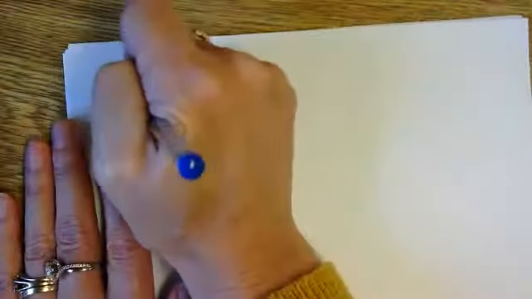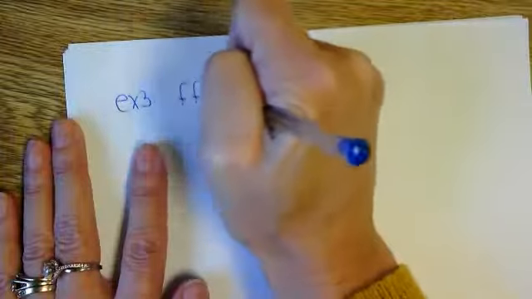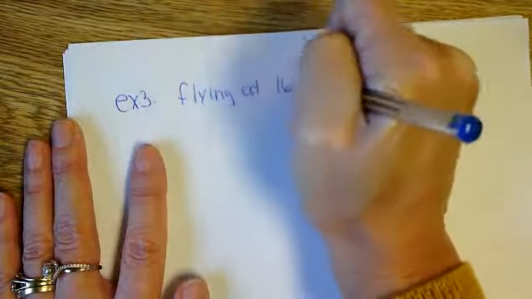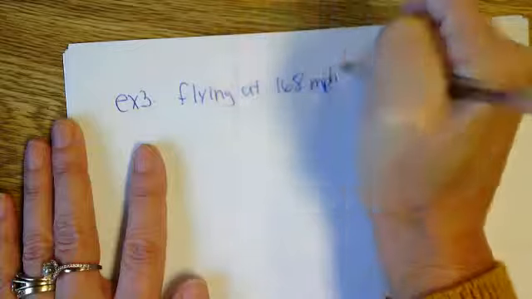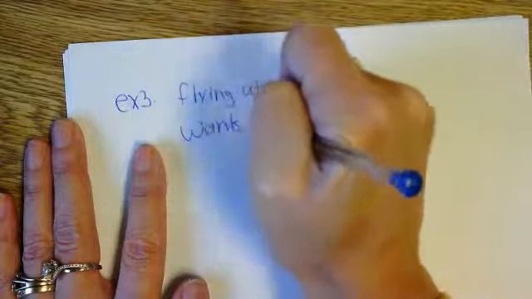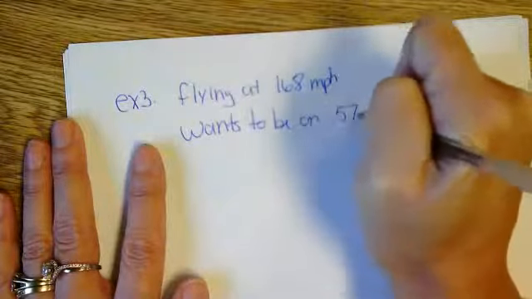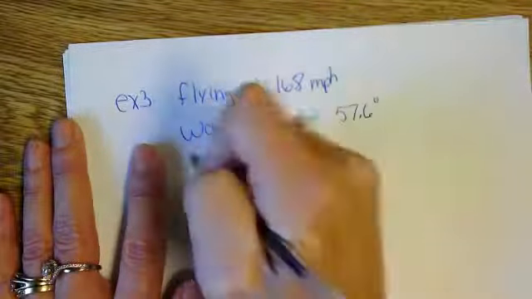Ooh, 10 minutes. Okay, number 3. We are flying at 168 miles per hour. He wants to be on a bearing of 57.6 degrees.